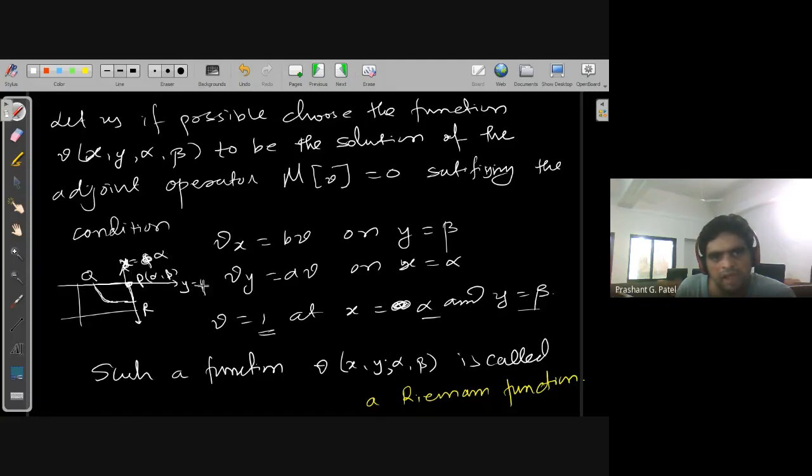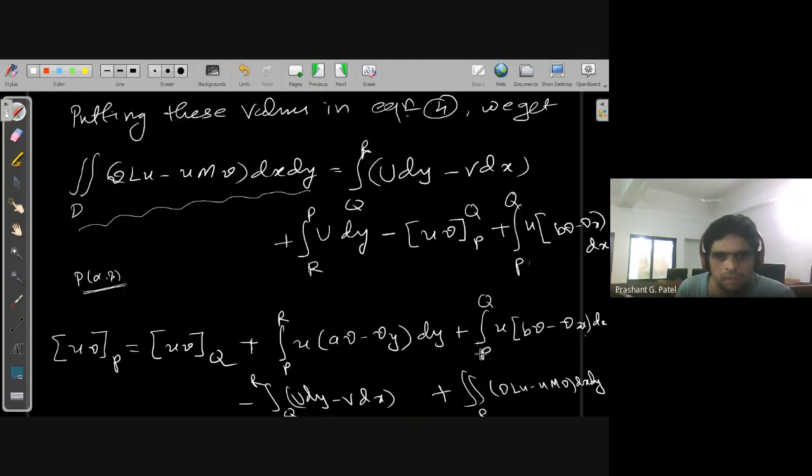So on this line, y is beta, and on this line, when y is beta, that means at the PQ line, the value of Vx is BV. Since it is BV, this quantity will be 0.